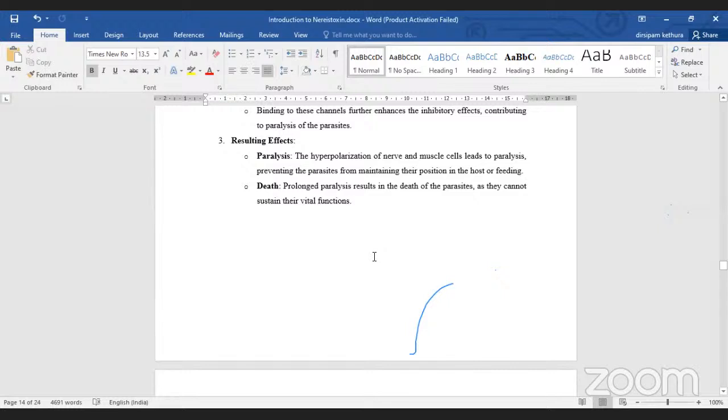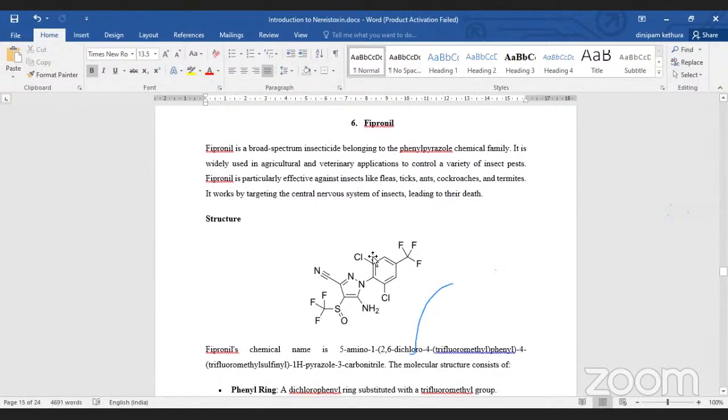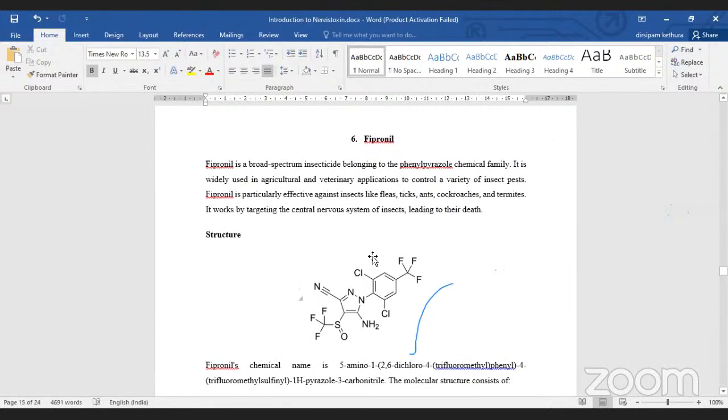So we already studied the effect of these things. The first case is paralysis and the second one is death. Under milbemycin, we have studied two things, structure and the mode of action. Coming to the milbemycin structure, it is a 16-membered macrocyclic lactone with various functional groups.